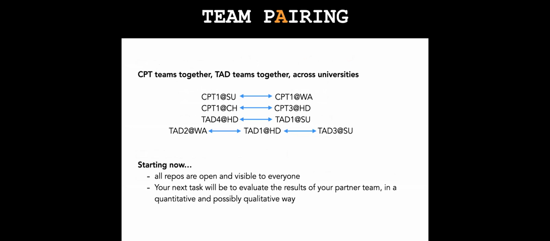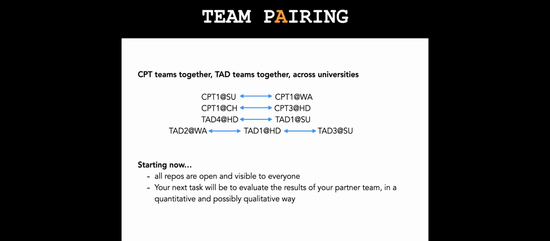Now your task within the pair will be to assess the results of the other team. This implies defining metrics, which you already did to evaluate your preliminary results, proposing some quantitative, possibly qualitative, assessment of the results, and discussing these results.